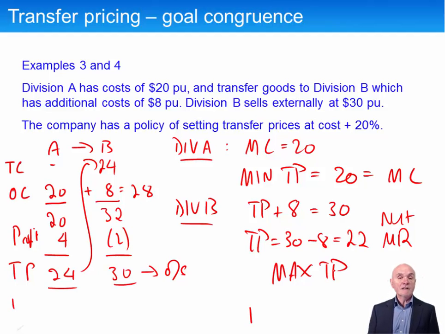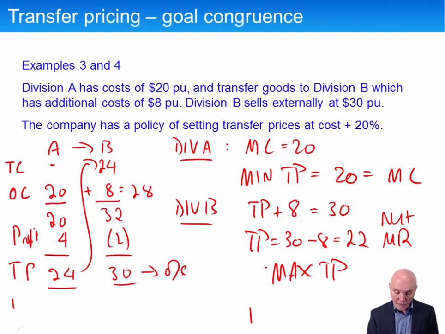If the transfer price was 23, then B would be buying at 23, doing 8 of its own work, bringing it up to 31, only being able to sell at 30. So the maximum transfer price is set by the receiving division, if you like. The minimum transfer price is set by the supplying division.